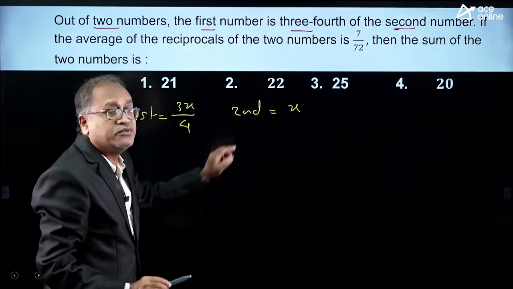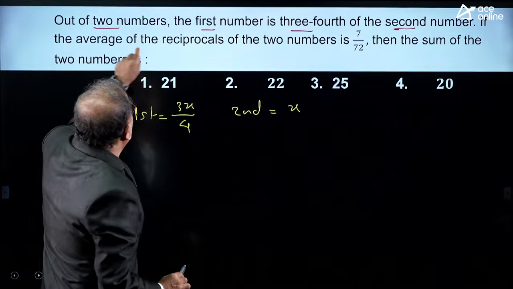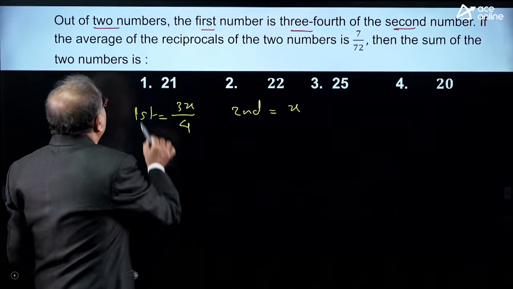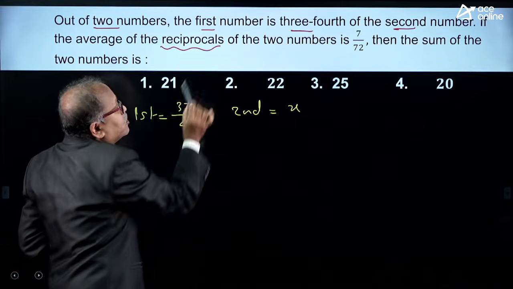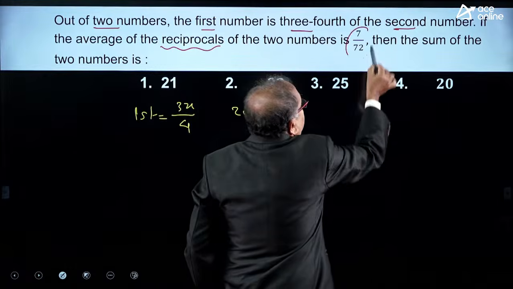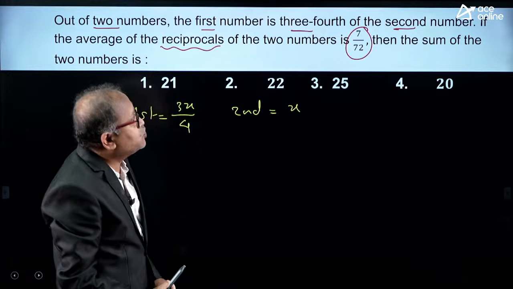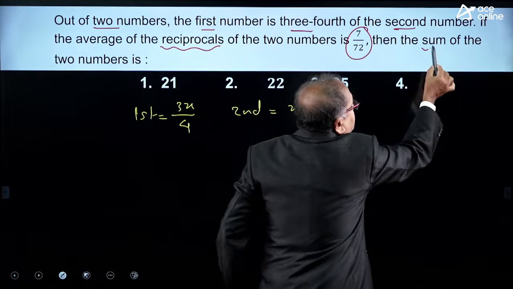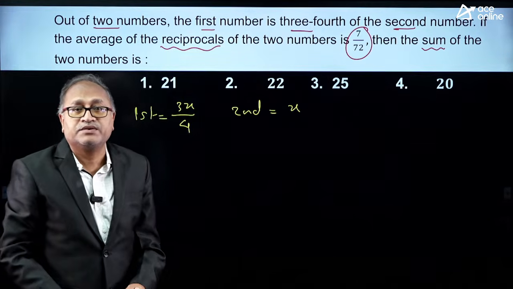I am with a single variable. Now, the average of the reciprocal of the two numbers is 7 by 72, then find the sum of those two numbers.